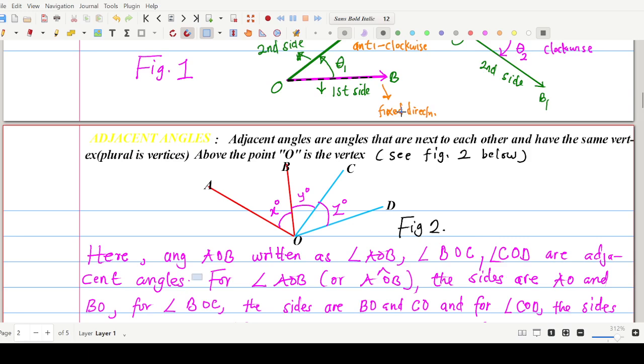Because in this notation, AO is the first side of the angle, while BO is the second side of the angle, and O is the vertex. So when naming an angle, ensure that the sides are involved in that particular angle you name, and also that the vertex of the angle is at the middle, at the center. It is a necessity when you are using letters of the alphabet to name angles. So that should be taken into consideration.